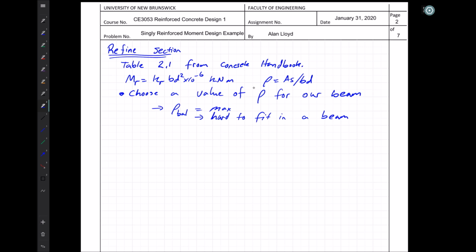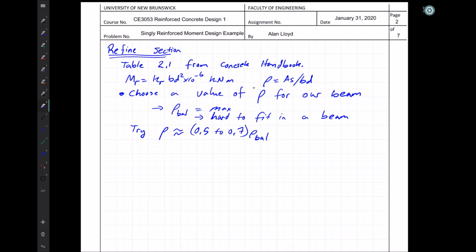And so we are already at the limit, and that's no good to us. Instead, we will typically, as a rule of thumb or a starting point, unless we have different information, try Rho approximately equal to 0.5 to 0.7 of Rho Balanced. And this is an approximate value. This just gives us a starting point where we have plenty of wiggle room to modify our design.